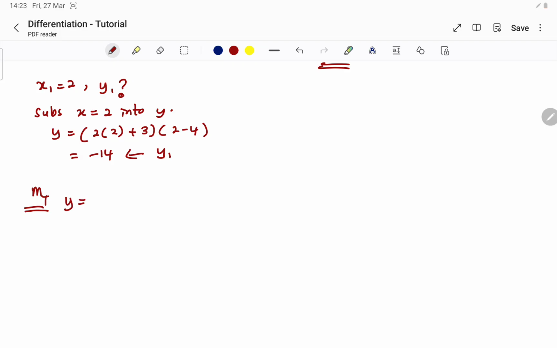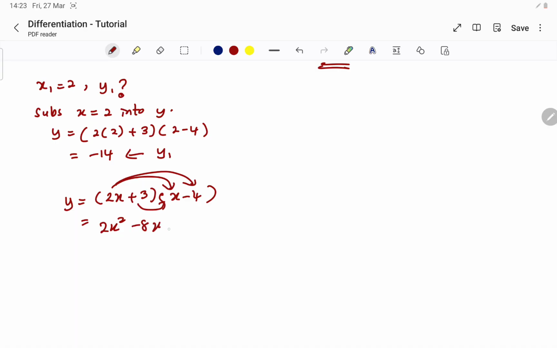So for your y, you expand first. Expand y equal to (2x plus 3)(x minus 4). You get 2x squared minus 8x plus 3x minus 12, so 2x squared minus 5x minus 12.